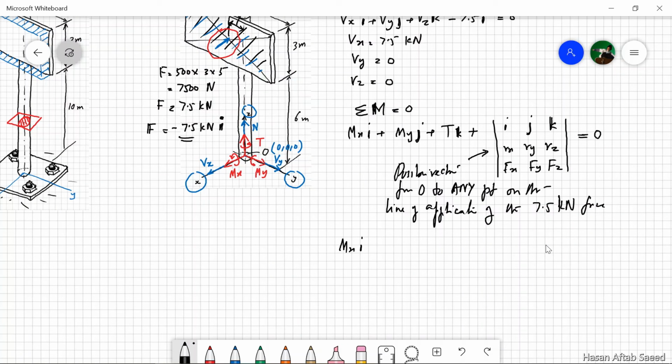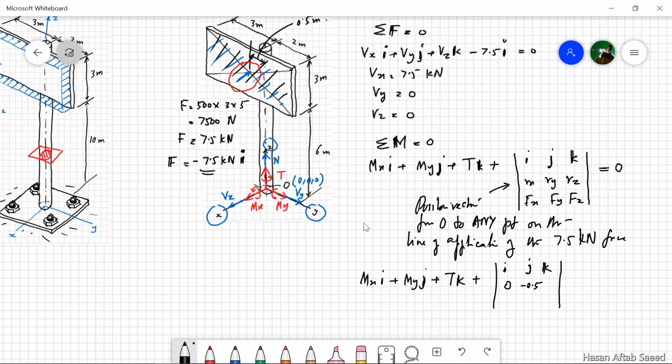Let's put the values: Mx i plus My j plus T k plus i j k. Values here should be 0, minus 0.5, this minus 0.5 with this one.